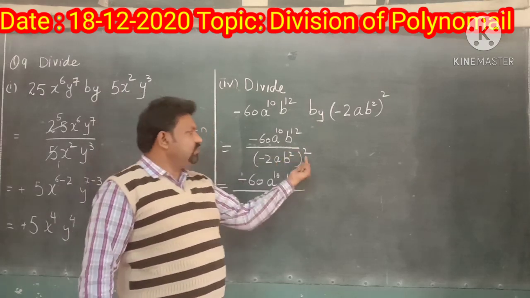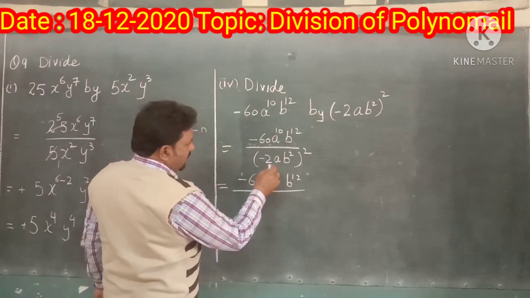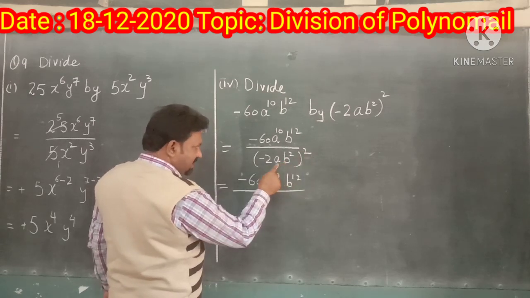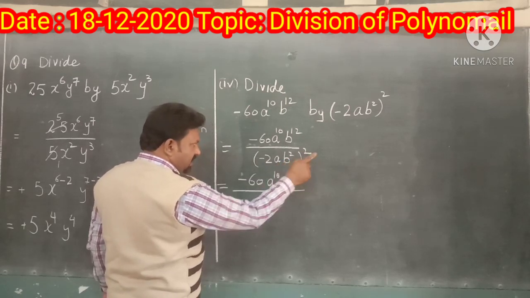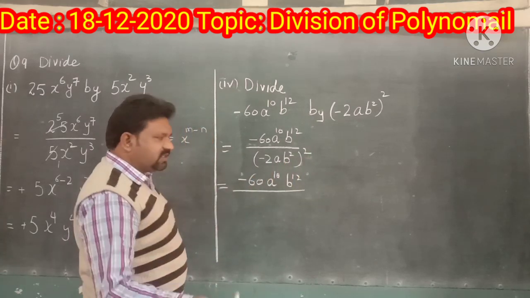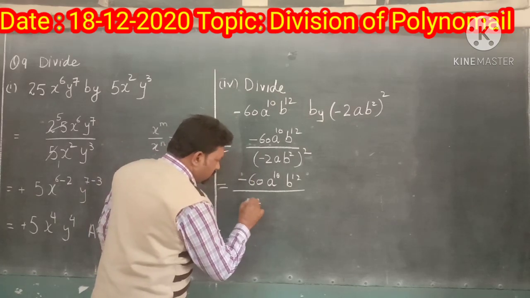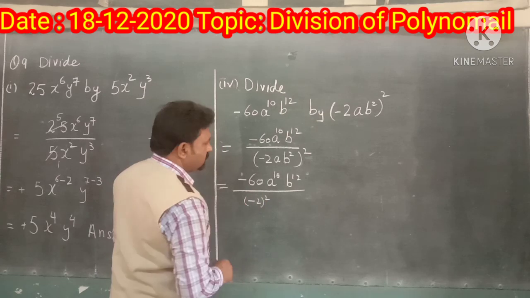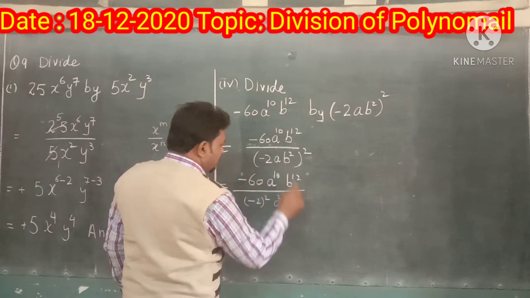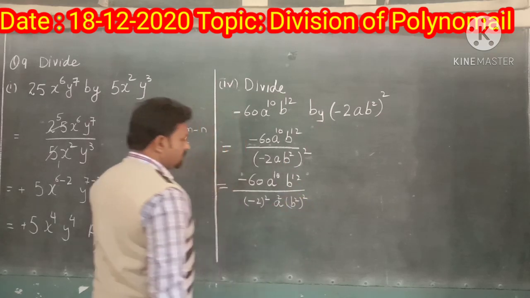Actually how we can remove the whole power, हम इसको कैसे सॉल्व करेंगे? एक्चुअली ये 2 पावर इसके ऊपर भी हम इंप्लीमेंट करेंगे, ये वाली 2 पावर हम इसके ऊपर भी इंप्लीमेंट करेंगे। इसको ध्यान से देखिएगा कि मैं इसको कैसे सॉल्व कर रहा हूं। जैसे minus 2 whole power 2, a power 2, then b power 2 whole power 2.